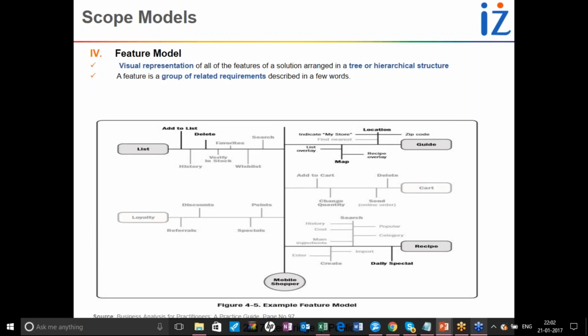So here you came up with the features which are directly relevant to your solution, and that solution is directly related to the real problem, and you are representing all the features on a single page. So you can see the features logically related, and you can connect your stakeholders with all these requirements in one shot.